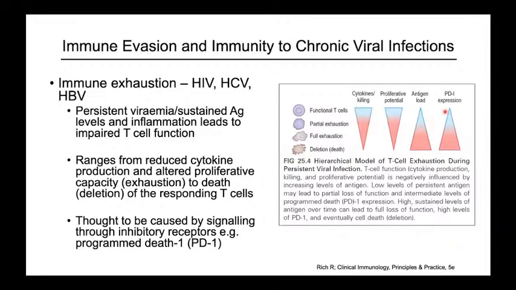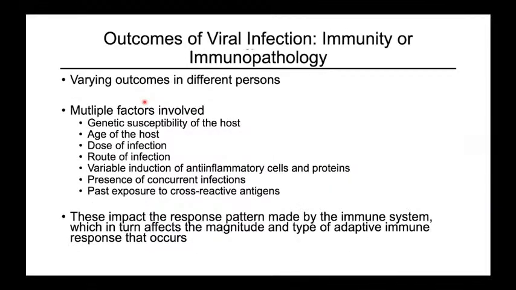So the molecules can be given either to block the receptor or to block its ligand, okay? So that you get activation of your immune cells. People are also looking at the aspects of immune exhaustion in severe SARS-CoV-2 infection. So it's not only seen in HIV, HCV, and HBV. I've seen people looking at it also in COVID-19.